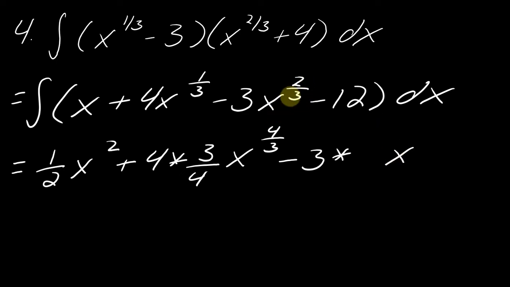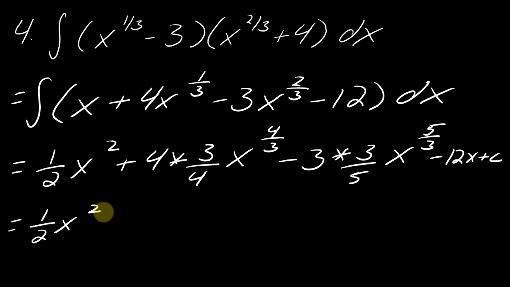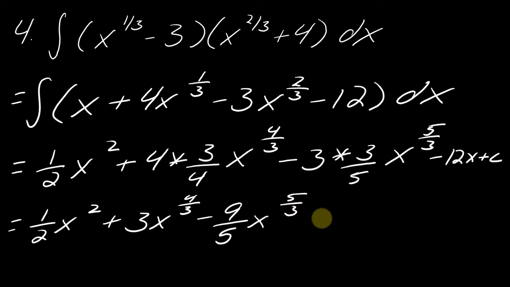If I add 1 to this, it becomes the 5/3, and then I multiply by 3/5, and then minus 12x plus c. So my final answer is 1/2 x squared plus 3x to the 4/3 minus 9/5 x to the 5/3 minus 12x plus c.